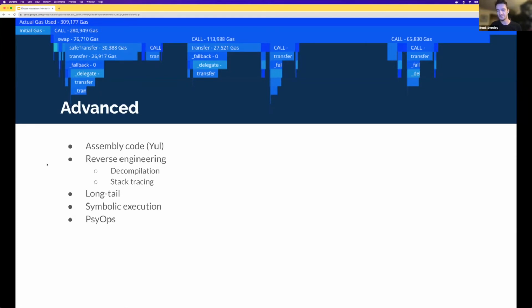Okay, and then the last one is kind of a joke, but kind of not. So psyops, psychological operations. Something you see a lot, especially on crypto Twitter, is searchers who claim or act like they're leaking alpha, but are actually just trying to send you down the wrong path. So for instance, somebody might say that this programming language is way more gas efficient and you should just start using it.